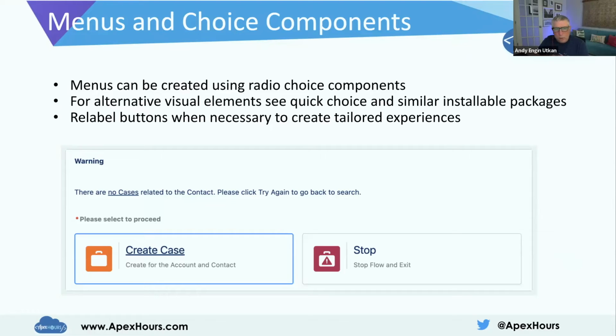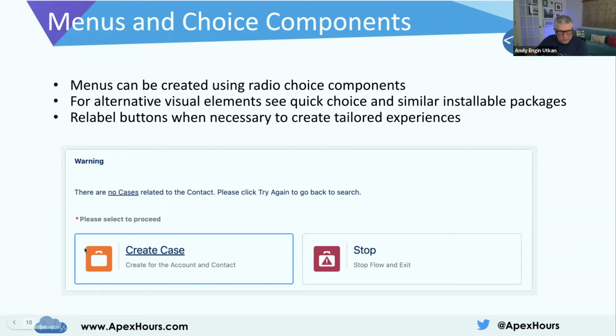And there are alternative visual elements that we can use. I often use the quick choice component from UnofficialSF. There are similar installable packages on UnofficialSF or AppExchange. And this is a quick choice component, for example.